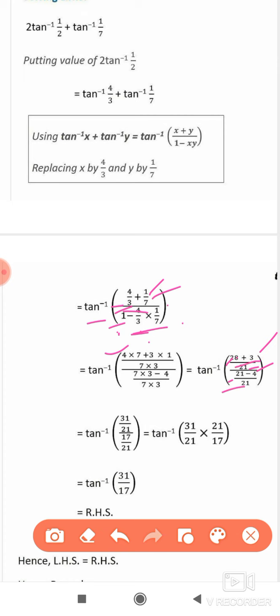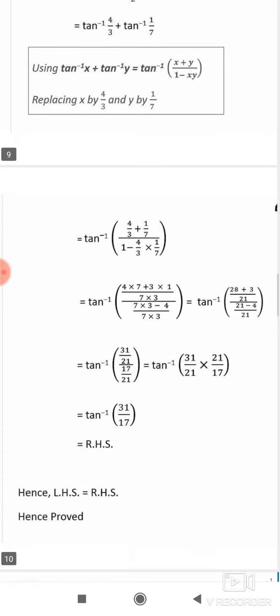Cancel this 21 with 21: 28 plus 3 is 31, and then 21 minus 4 is 17. Then tan inverse 31 over 21 into 21 over 17, cancel this out, we are left with 31 over 17. So this is the required answer.